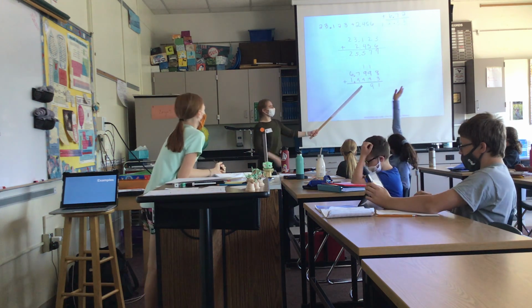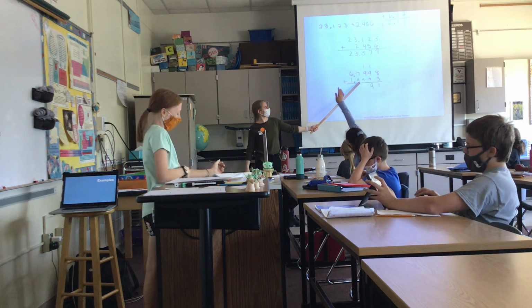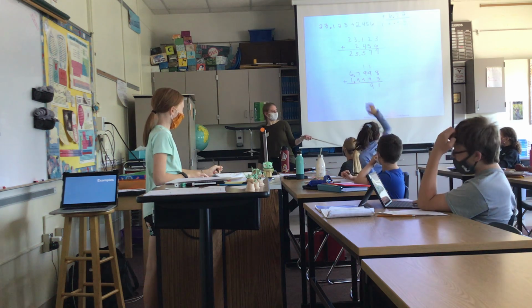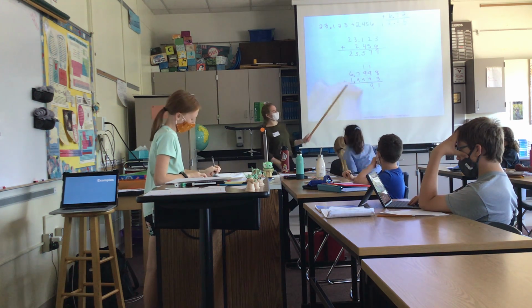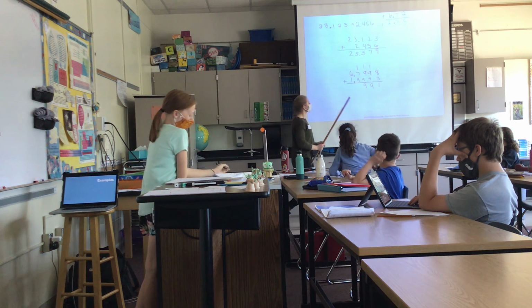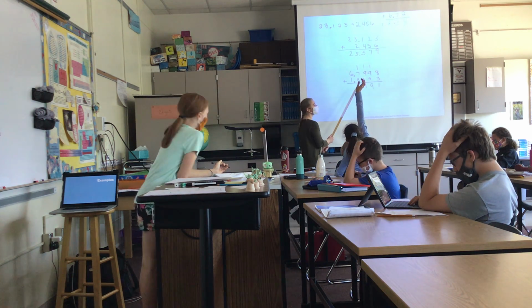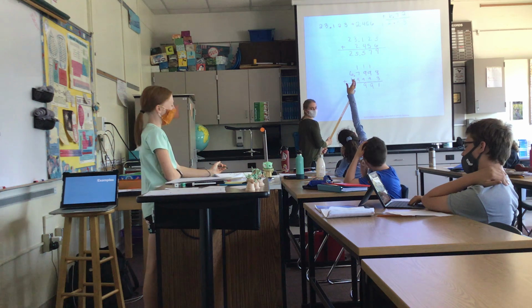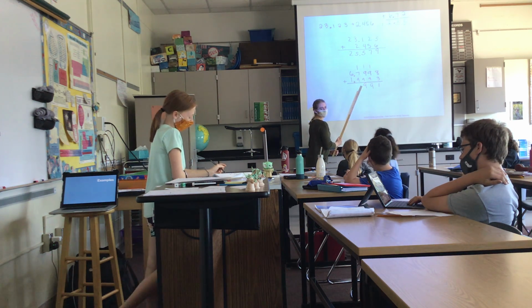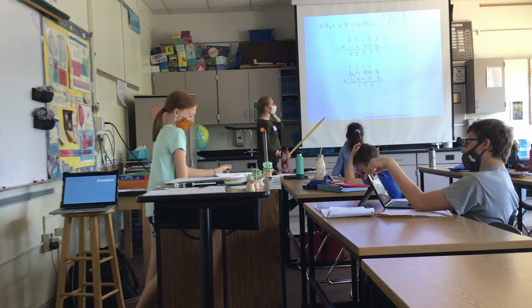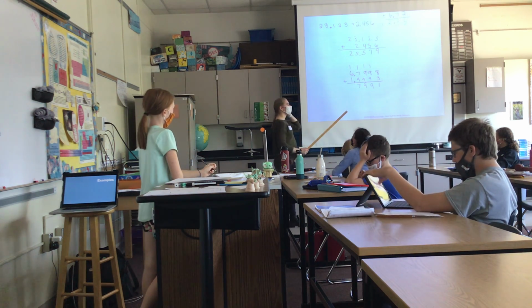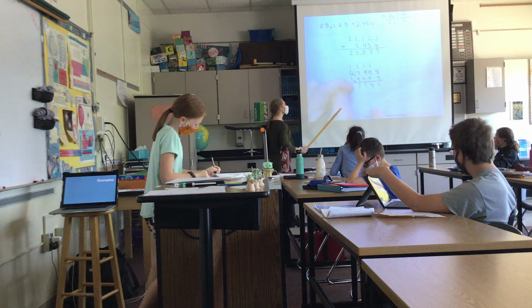And then what place value are we at now? Keelan. Tenths? Hundredths. Hundredths. And then we're gonna go to the thousandths. Sophie. Tenths. We're gonna go to the tenths. And then we're at the ones. You can go ahead and write it.